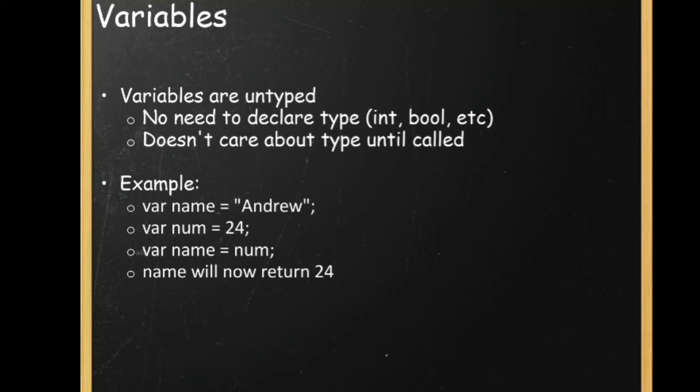There are different examples. By using the word var, it is a keyword using which I can declare my variable. Var name equals to and your choice of name in double quotes. By double quotes, we mean it is a string variable and end it with a semicolon. Then var num equals to 24.